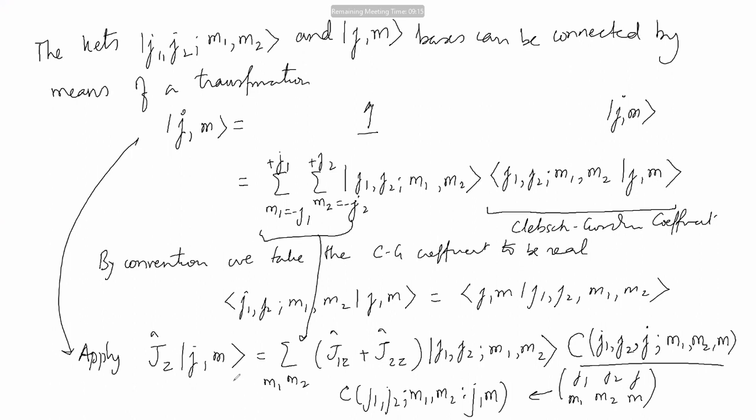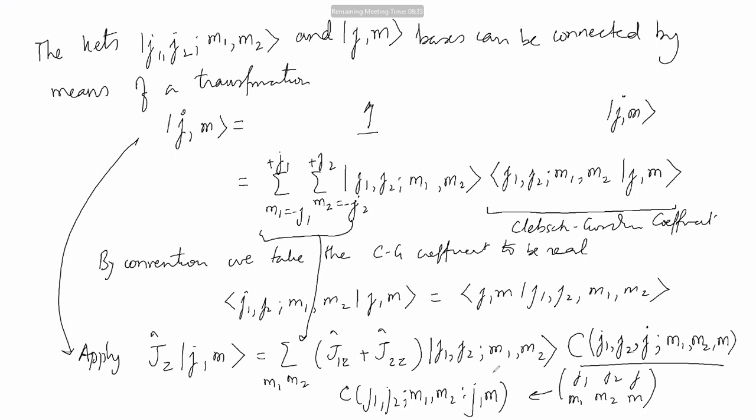Now you see, Jz is going to operate on ket JM. This is going to give us M h-cross, while J1z operating on this will give us M1 h-cross times the Clebsch-Gordan coefficient, and J2z when it operates on this will give us M2 h-cross. Therefore, if we look at it, we can write it as M h-cross ket JM.